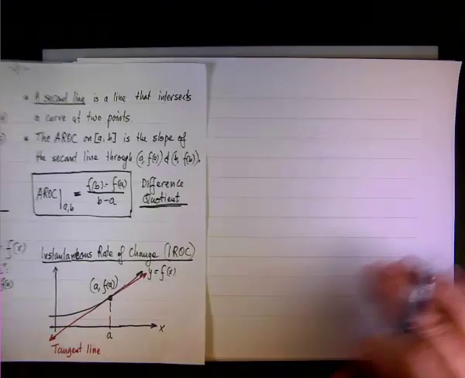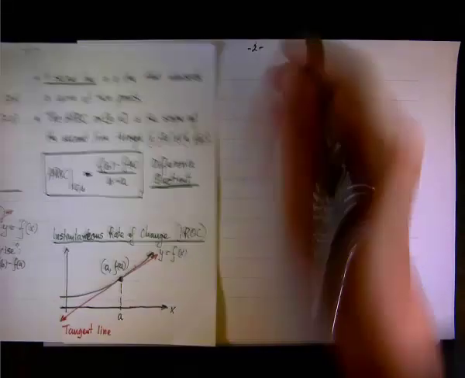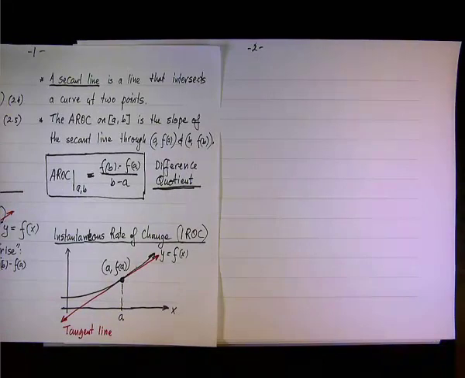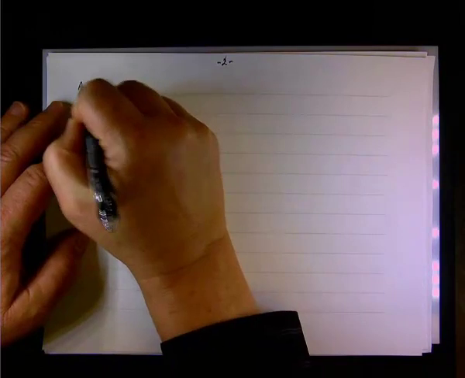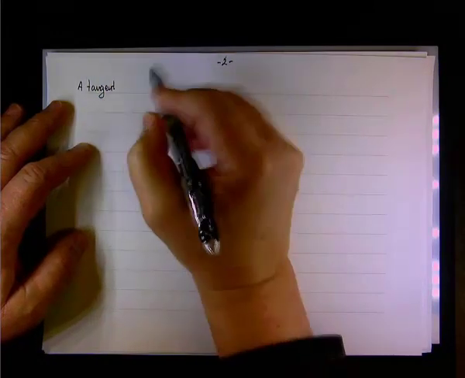Do you need another second or two to finish writing down this page? No? So let me write the following here. A tangent line, again, this is a layman's term. It's not a definition.